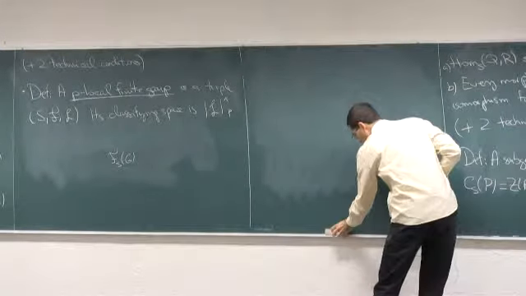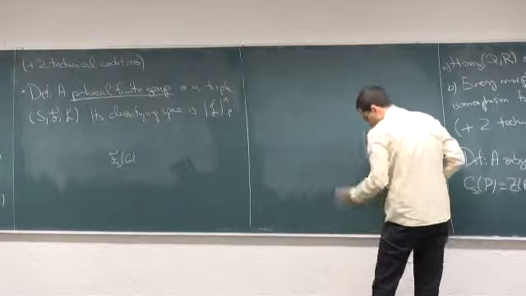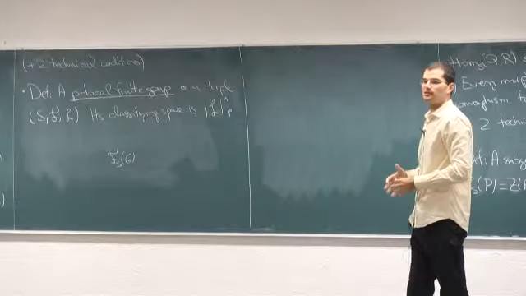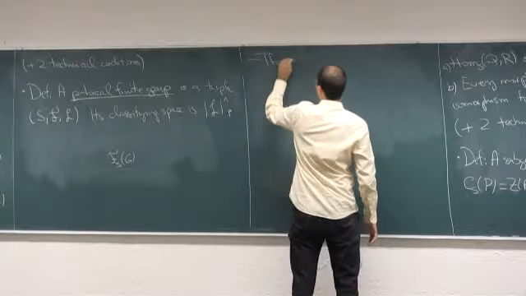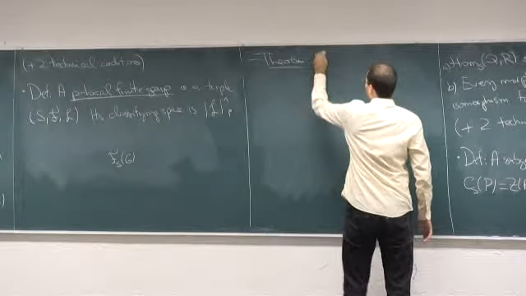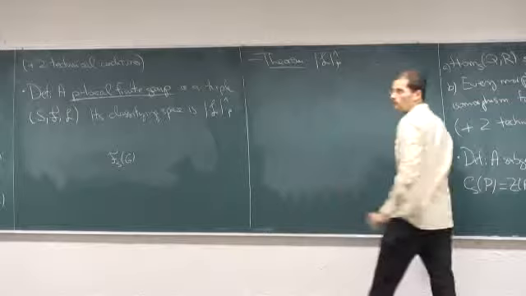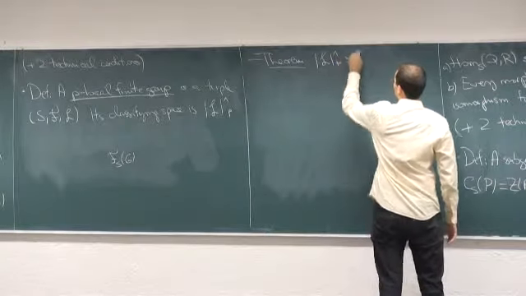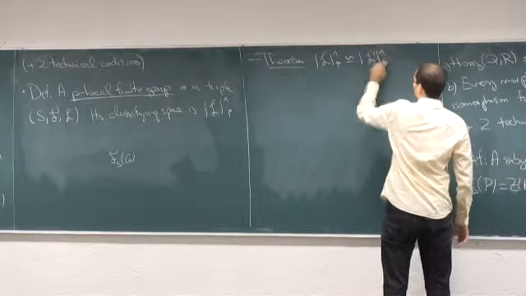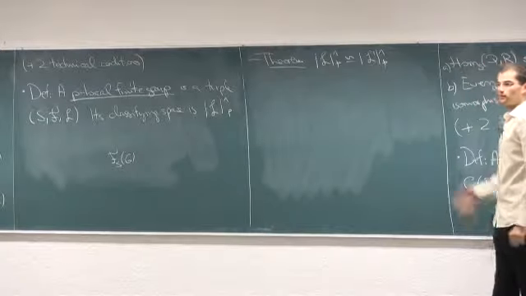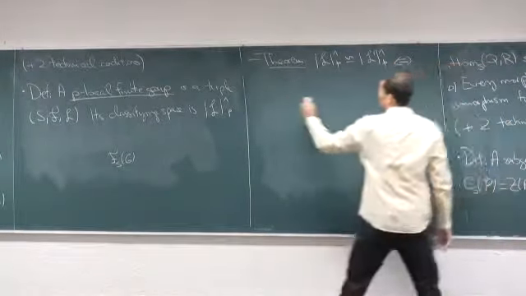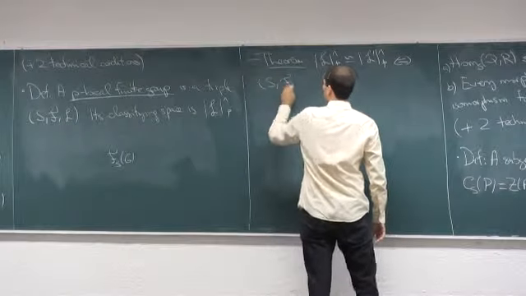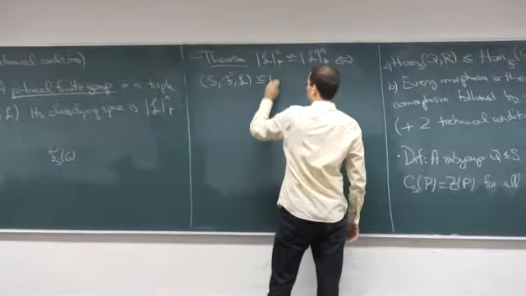So first let me tell you that this definition is the correct one, because we still get the same theorem that we had at the beginning or last time. Theorem: if we have two p-local finite groups, then the classifying spaces are homotopy equivalent if and only if these triples are isomorphic.